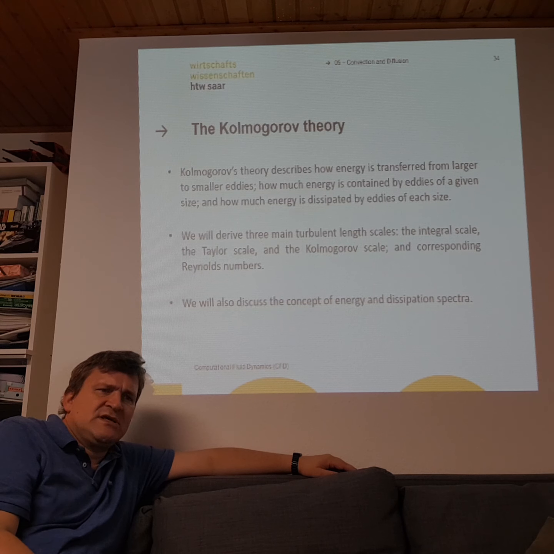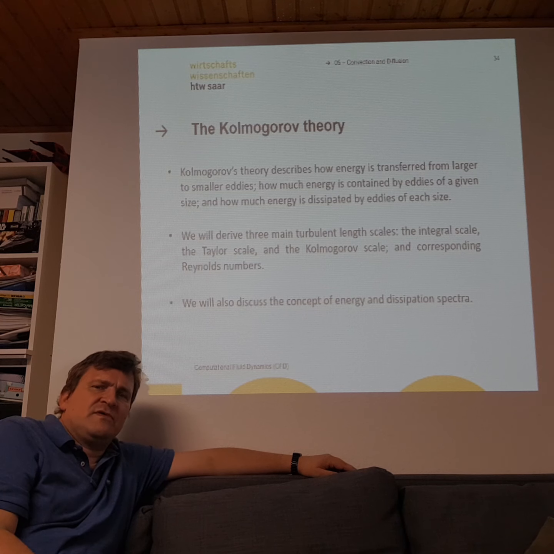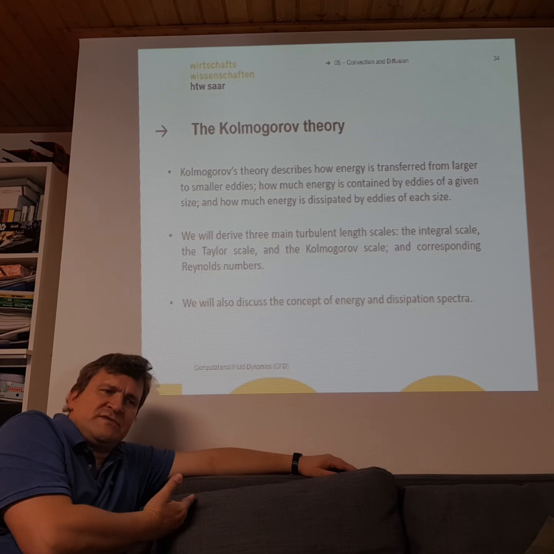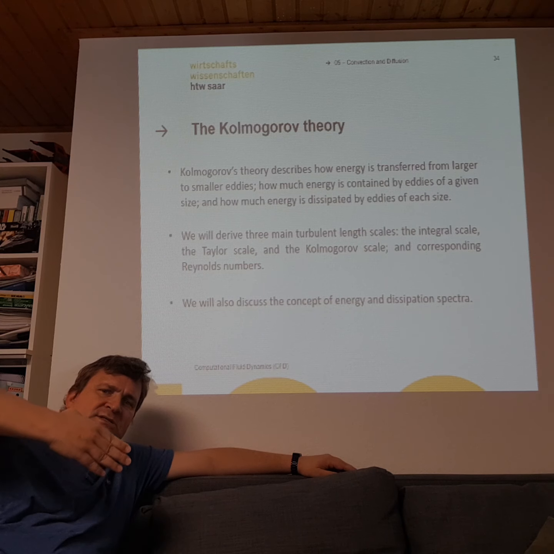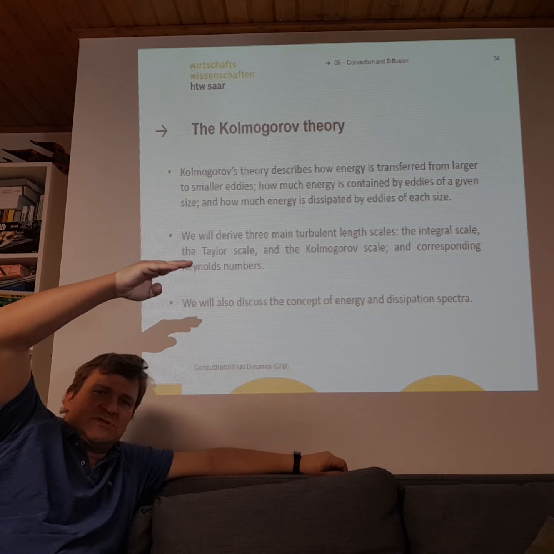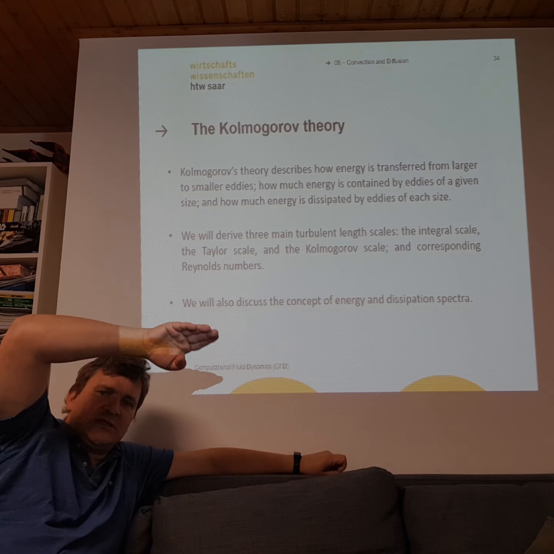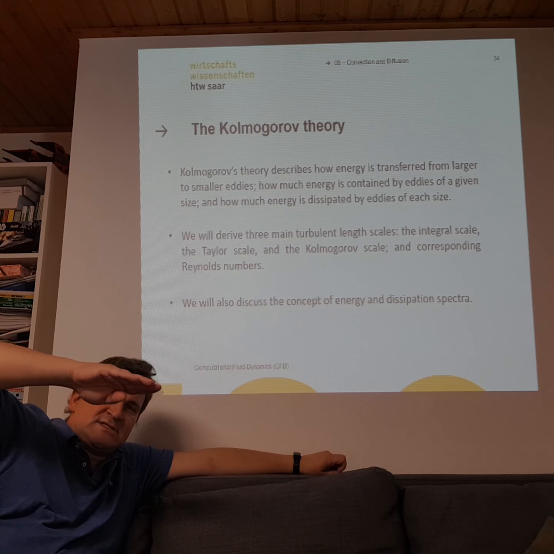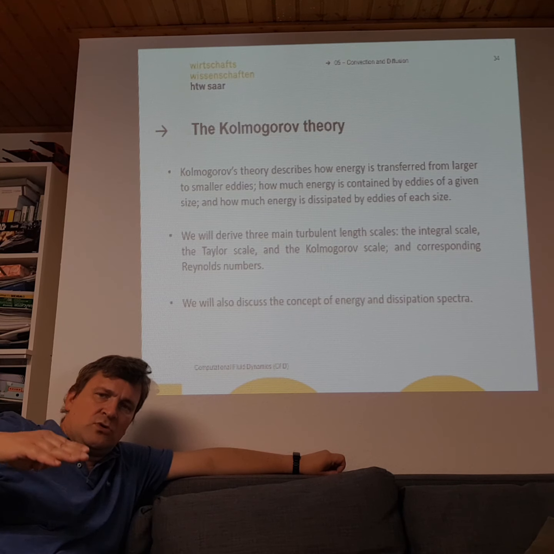And what happens if you have a swirl? If you go back to the picture of the airplane and the swirl behind the wing, the swirl at first is big. You can describe it with convection. With a convection movement, you can describe the swirl. But it gets smaller and smaller and smaller.